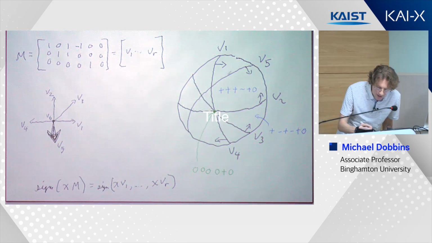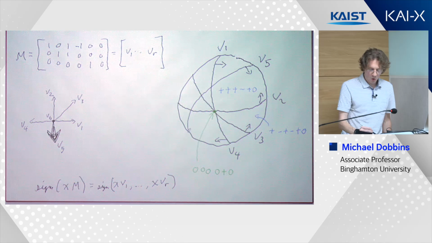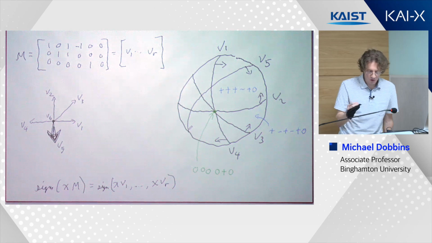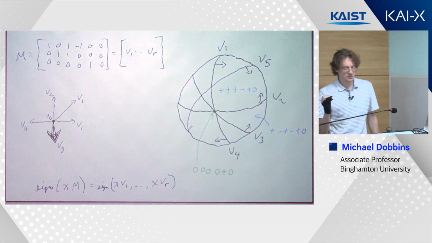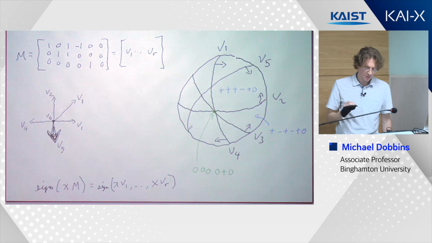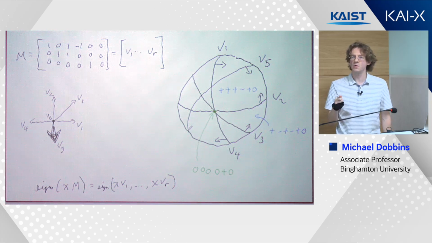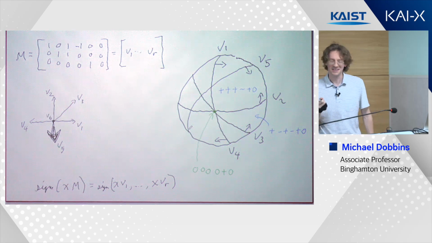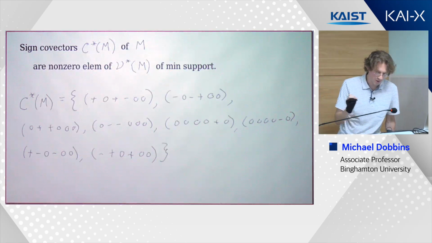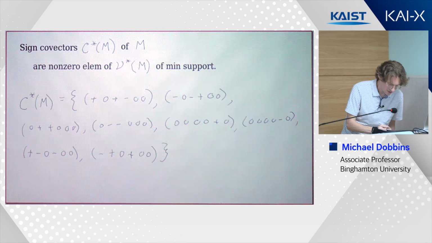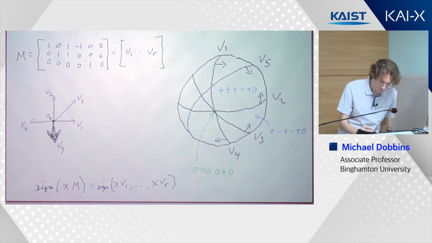Well, here these lines that I drew are where one of the coordinates of my sign vector becomes 0. So I want to pick out the cells that are on as many of these as possible. Minimal among inclusion. That was your question. Yeah. Not minimum size of support. Yeah, that's an important distinction.